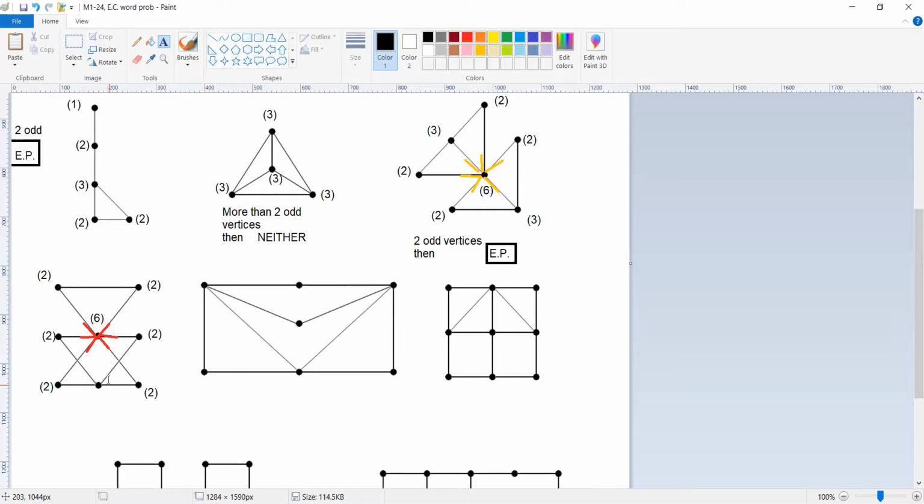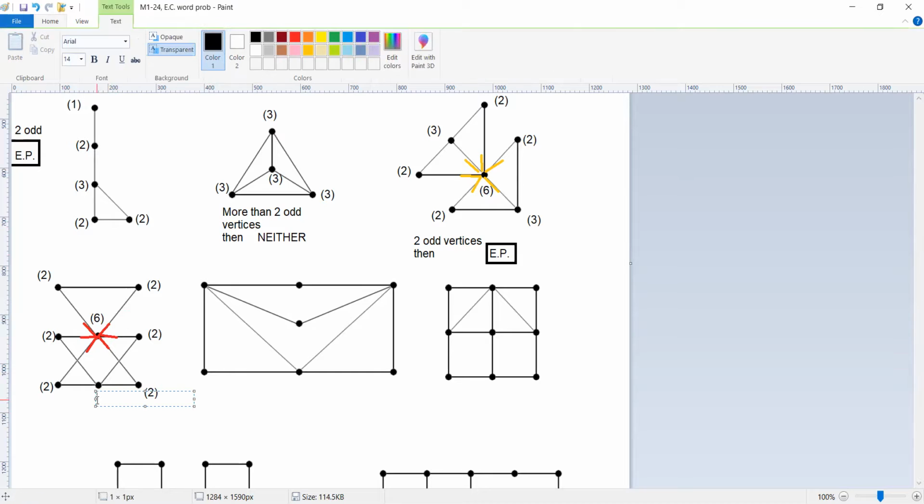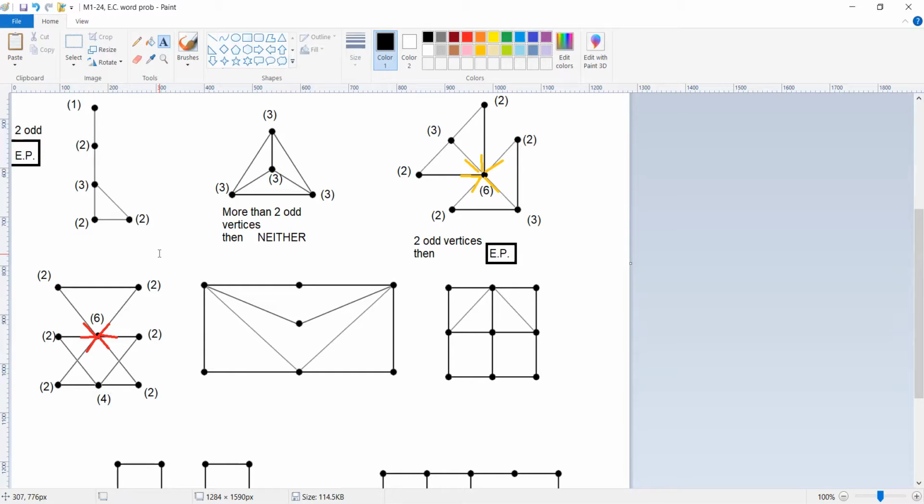And here's degree 1, 2, 3, 4. All right. Looking at all of the degrees, this time is the first time that they're all even. And when every degree is even, you can find an Euler circuit.